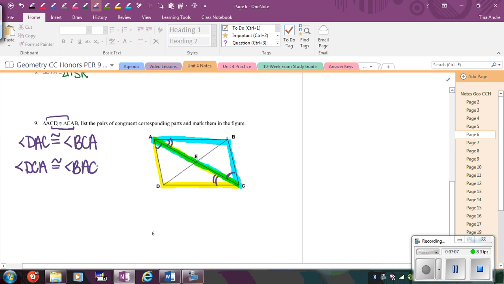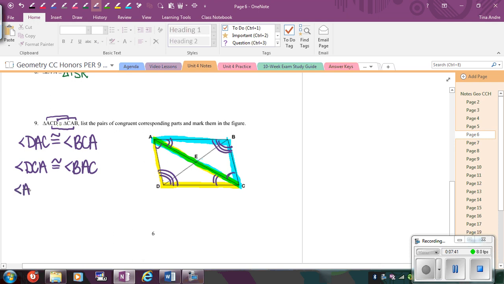And then from there, we can look at the last letters here. D and B. So D matches up the entire angle in the yellow triangle and then the entire angle in the blue triangle. It's important that you identify the triangles first, so that when you go to identify the angles, you're looking at the correct angle, because there's lots of angles that share vertex D and vertex B. So now when I go to name those, again, I'm going to use three letters.